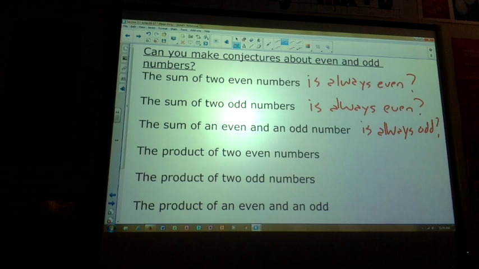The product, what is product? Multiplication. If I multiply two even numbers together, 10 and 12, I multiply those together, I get 120. What do you think?